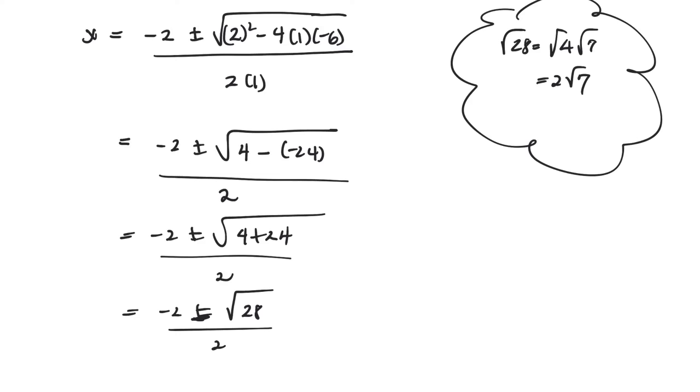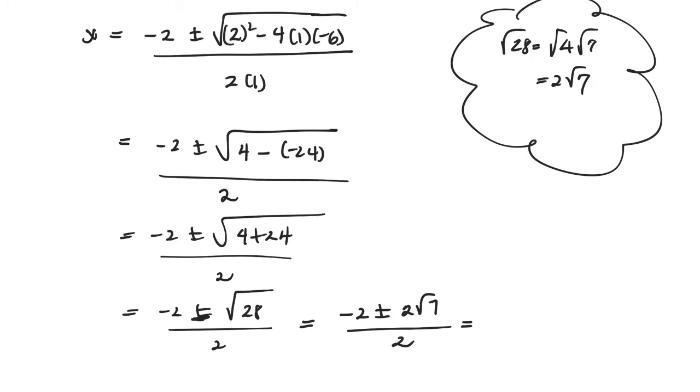You say, well, why did you pick 4? Well, it turns out we could have picked 14 and 2, but neither 14 nor 2 are perfect squares. So that's why we picked 4 and 7, because 4 is a perfect square. So it's equal to 2 root 7. So simplifying, we have negative 2 plus or minus 2 root 7 all over 2.